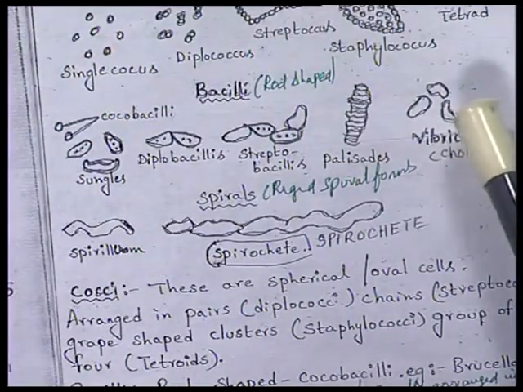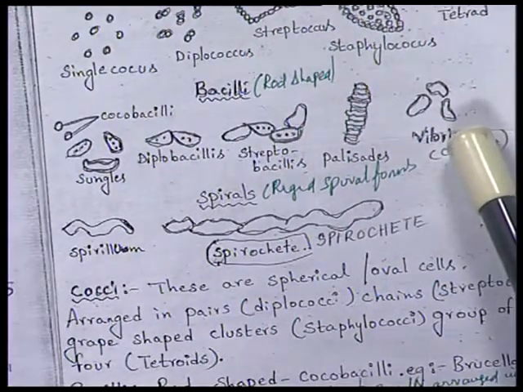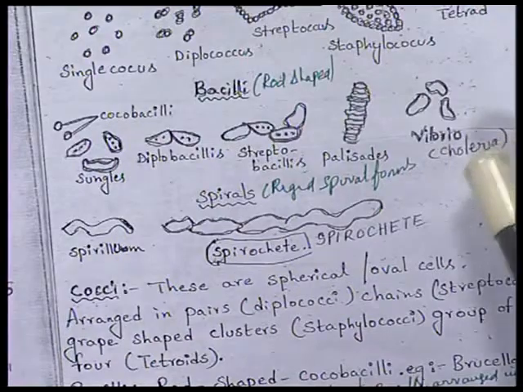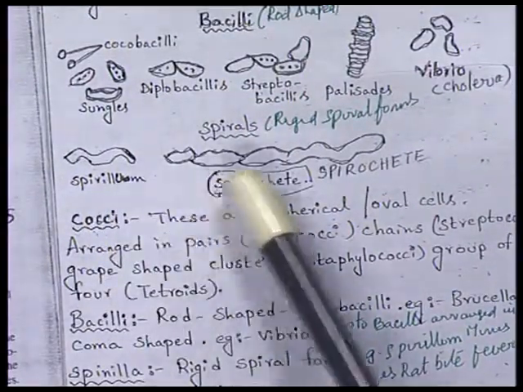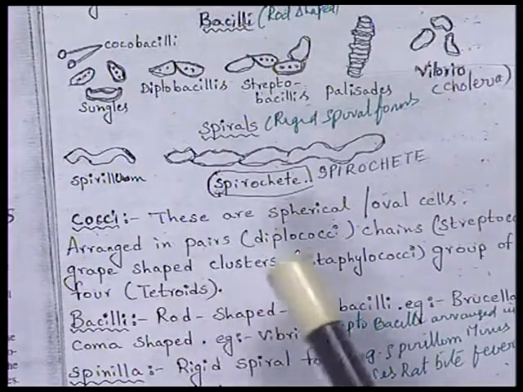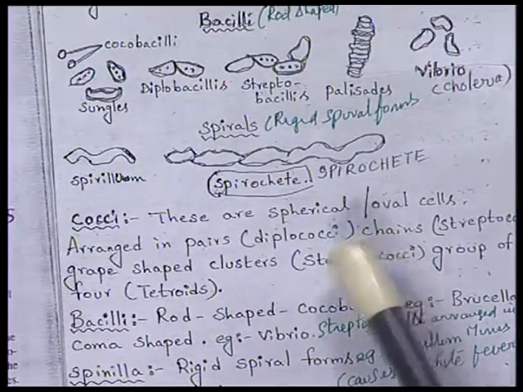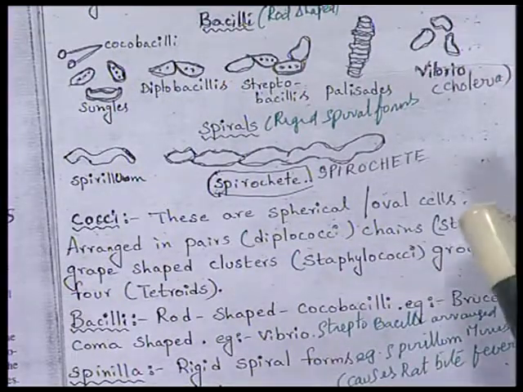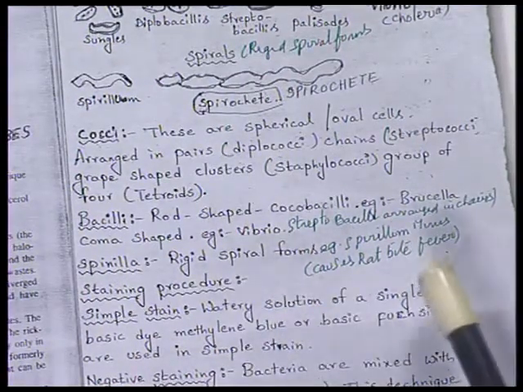This is the bacteria which produces cholera, and this is its shape. And the third one is called spirillum. Cocci are spherical and oval cells arranged in pairs like diplococci or streptococci, and bacilli are rod shaped, and the spirals are like a chain formation.